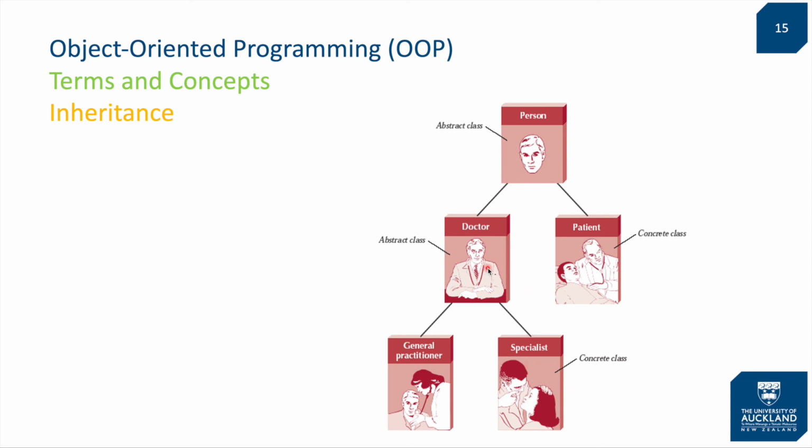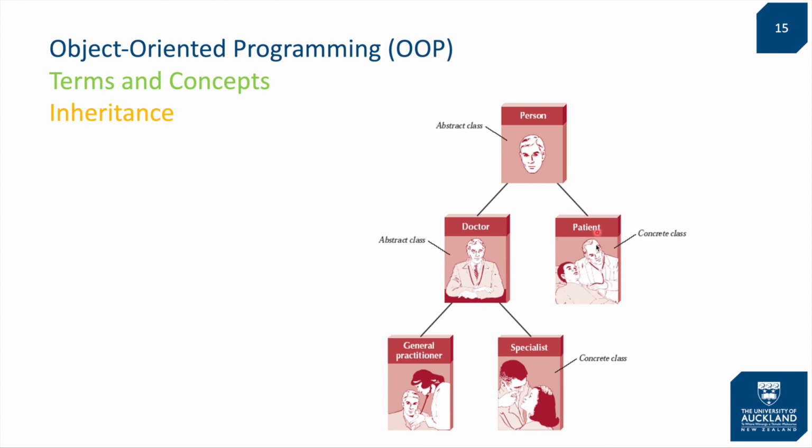Now we have the concept of abstract classes and concrete classes. With an abstract class, we mark the system in a way that we basically tell the system that this class is not available to become an object. That means we cannot have a direct object of person. This class is only available for inheritance.